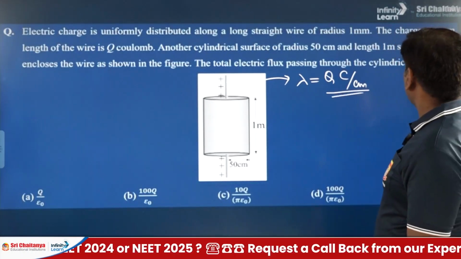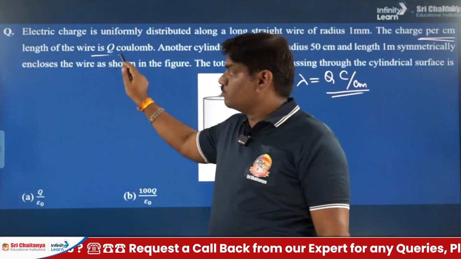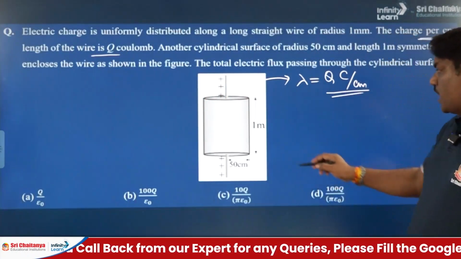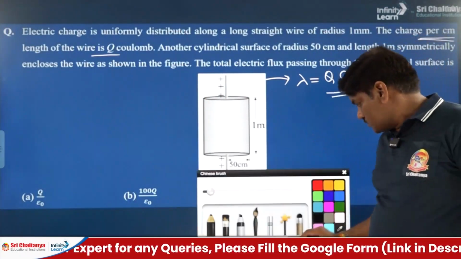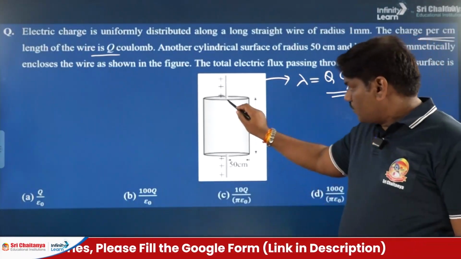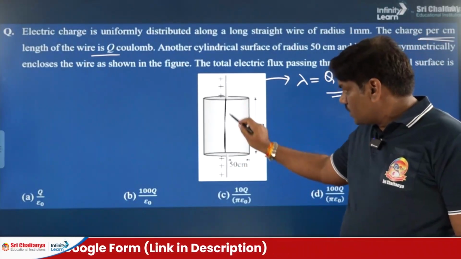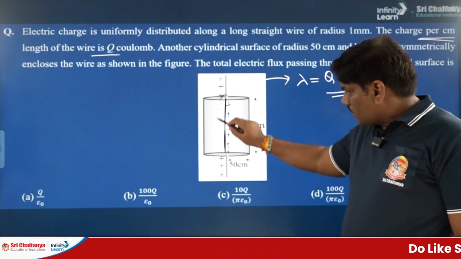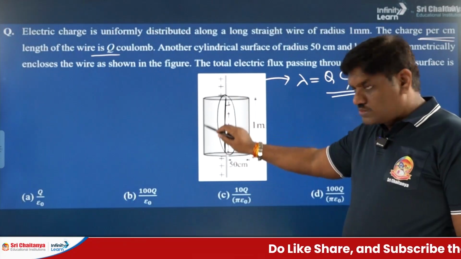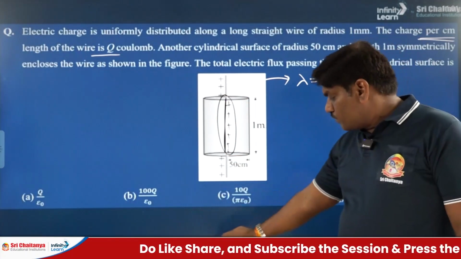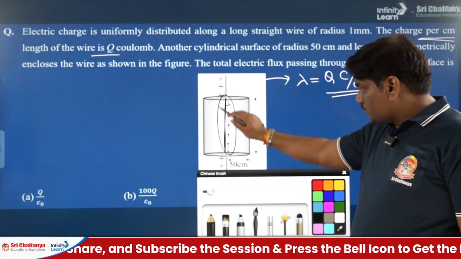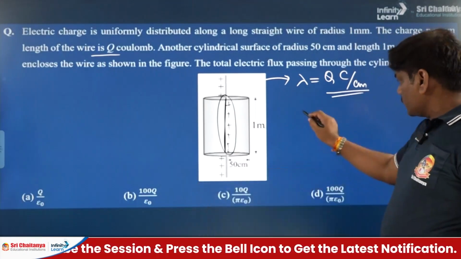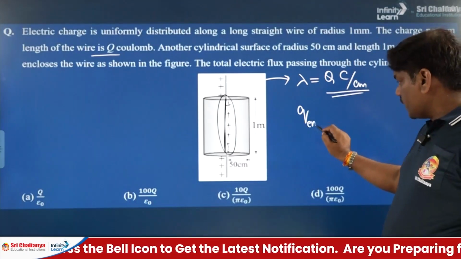Just look at the unit: it is per centimeter, the charge is Q. That means if I am looking for the charge inside the cylinder, only this much portion is enclosed by this cylindrical surface.